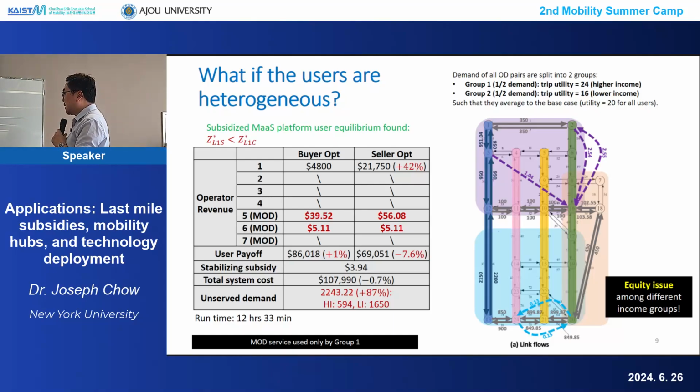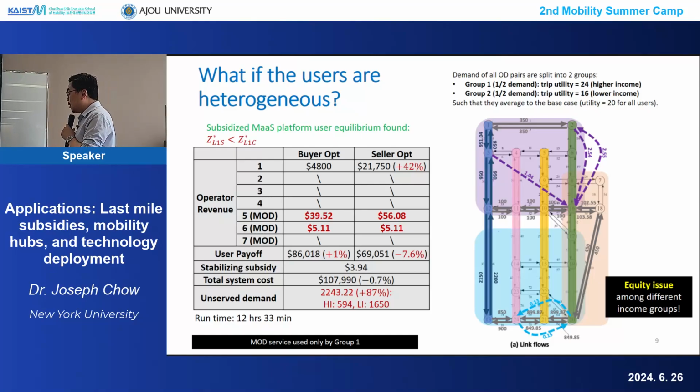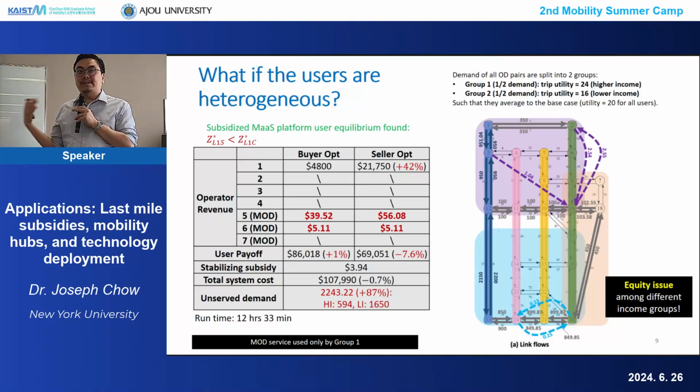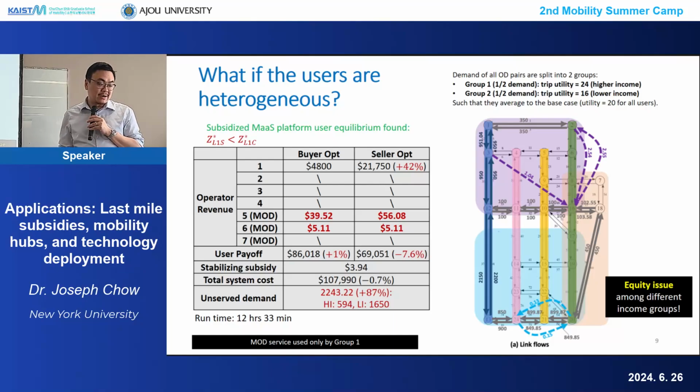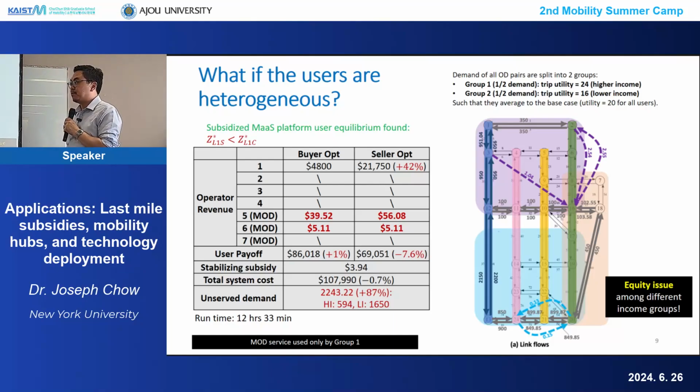So they still end up not really being used. They stay out of the market, and overall the unserved demand goes up, even though the high income is not as much, it's significantly lower. So this lets us look at how these trade-offs would benefit different user groups, particularly if we're interested in equity impacts.